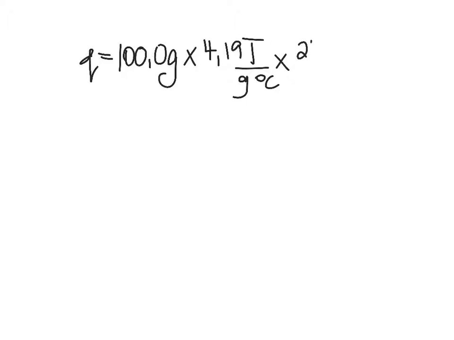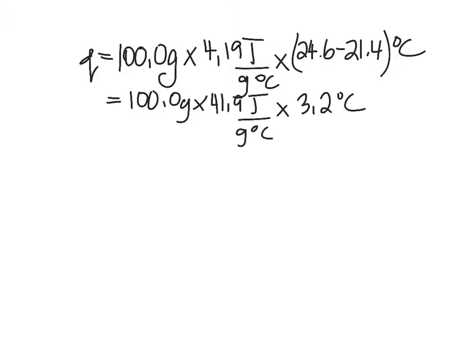So 24.6 minus 21.4. So your temperature difference is 3.2, and it went up. So the heat content of our surroundings went up. So this is in fact going to be an exothermic system.